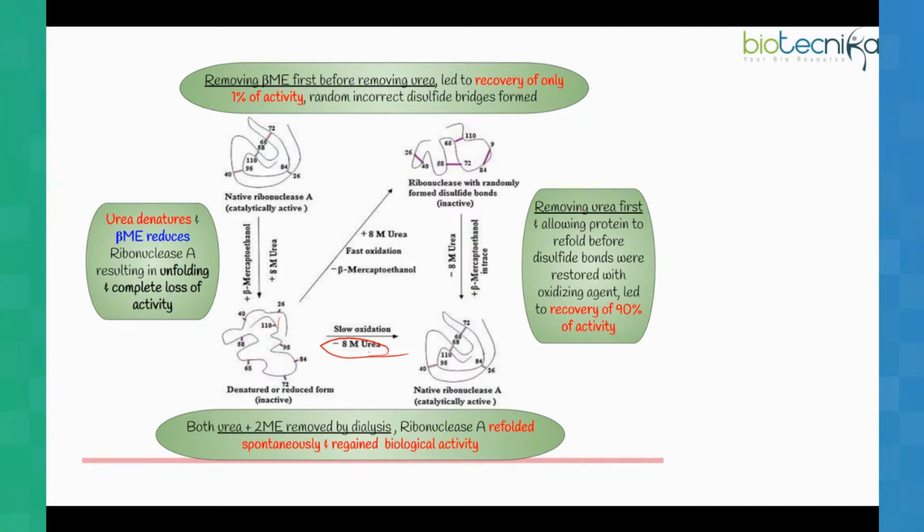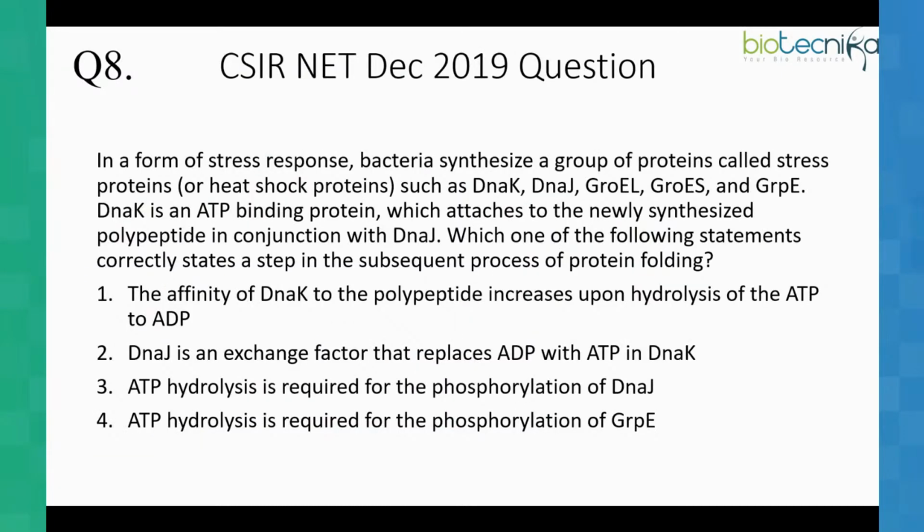So removing urea first and allowing protein to refold before disulfide bonds were restored with oxidizing agent led to recovery of 90% of activity. Both urea and beta mercaptoethanol removed by dialysis, ribonuclease A refolded spontaneously and they regained biological activity.